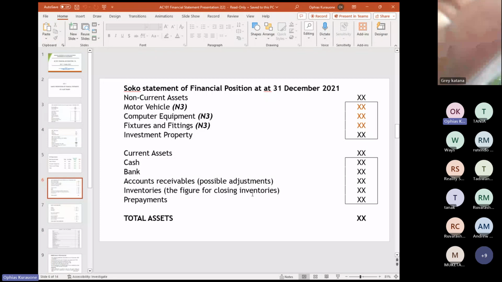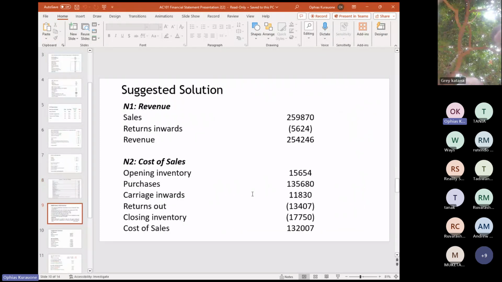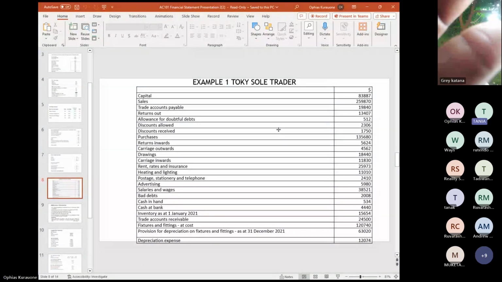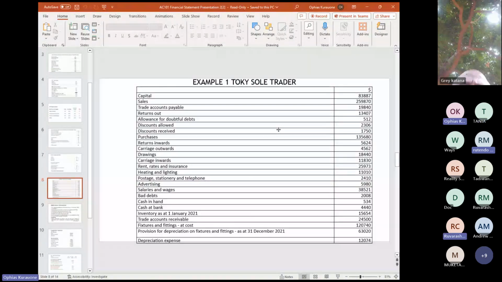Let me go to this one. You need to have a ballpoint pen and a paper so that we do this question together. The question we are going to do is about Toki. Who is going to read for us? Any volunteer to read for us?